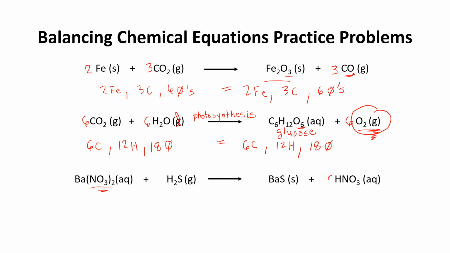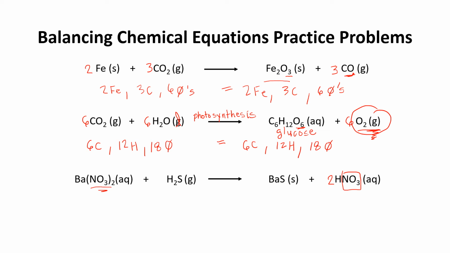So what if I just put a 2 right here, and that would represent the 2 nitrates that we see over here. So we're using this as one whole unit. Remember what we said about balancing the polyatomics treated as one unit, and so that's what we're doing here. We have 2 NO3s over here, so we'll put a 2 in front of the nitric acid to give us 2 NO3s over here. Alright, and so let's see what else we have to balance here.